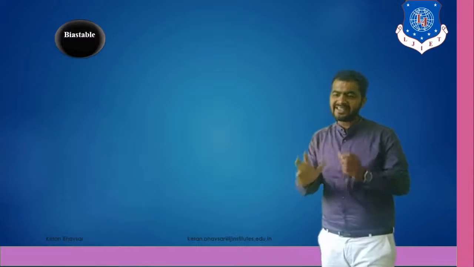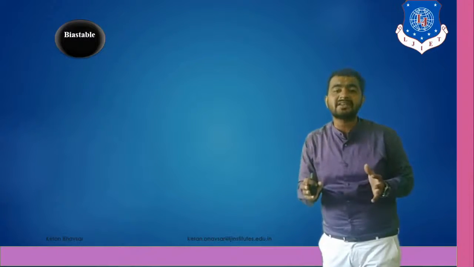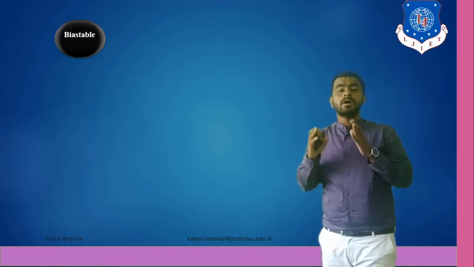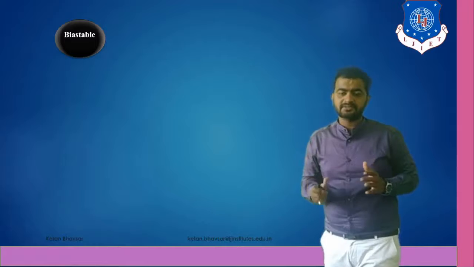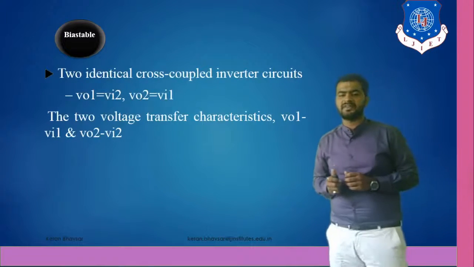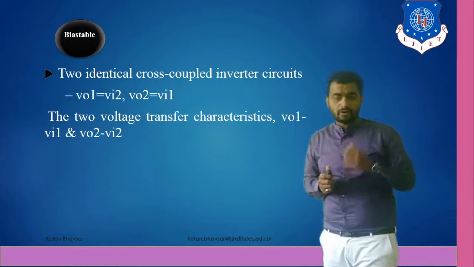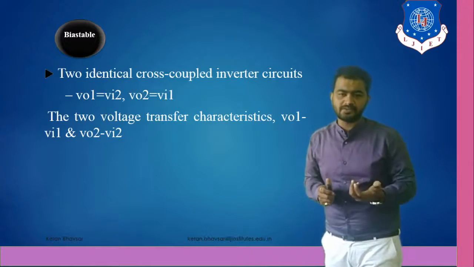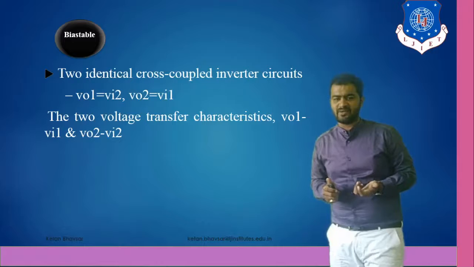Now we study in depth the bistable circuit. What exactly the bistable circuit is, you already know. In a bistable based circuit, we work on two stable operating points, right? As you can see, two identical cross-coupled inverter circuits, we are assuming VO1 equals VI2 and VO2 equals VI1.